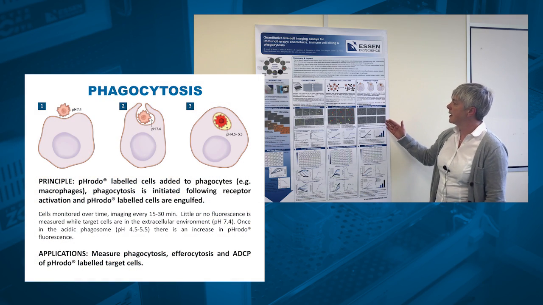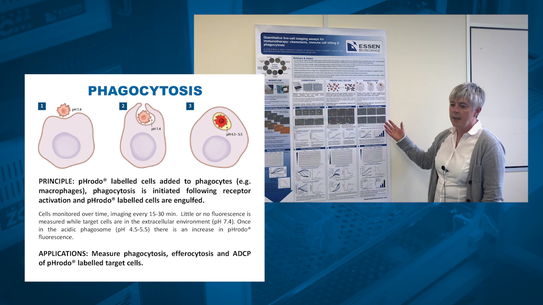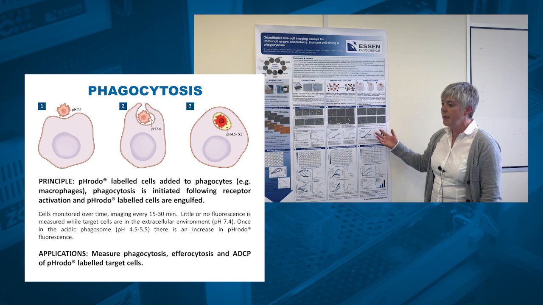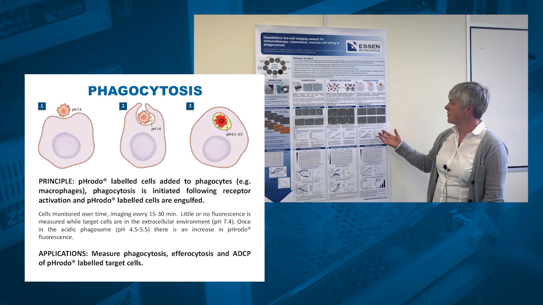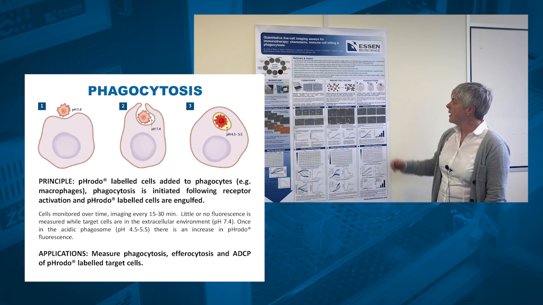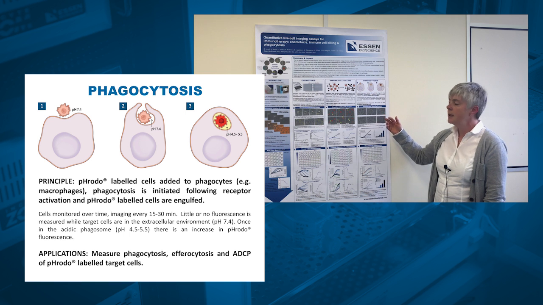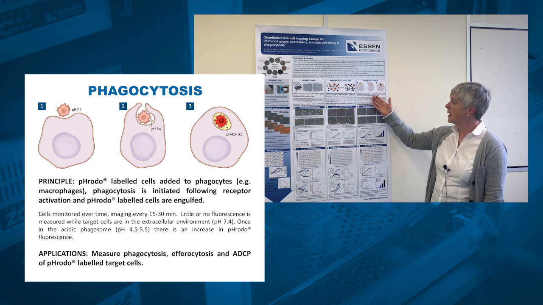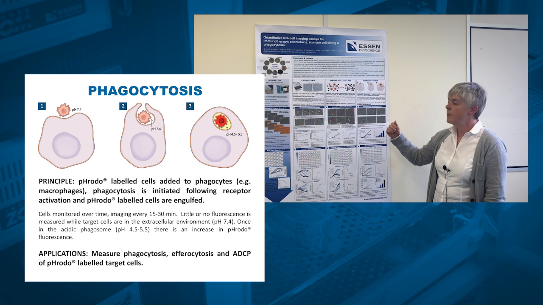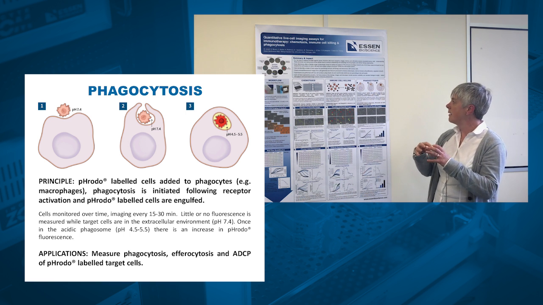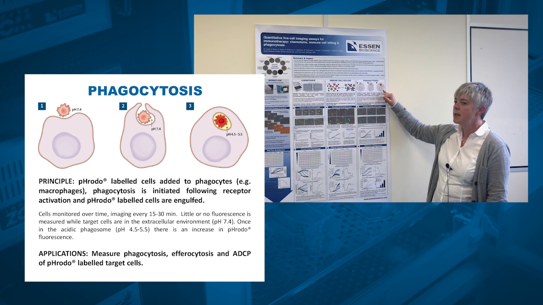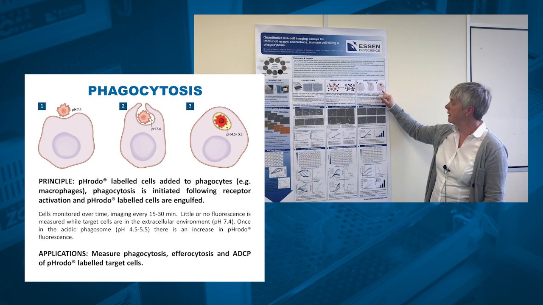So this particular assay, we're using target cells that are macrophages that are known to phagocytose objects. And the assay that we've set up here is using the Frodo labelling. So in a neutral environment, the Frodo label has no fluorescence, but once that gets internalized into the cell and inside the phagosome and the lysosome where the pH is different, we then get a nice fluorescence read.